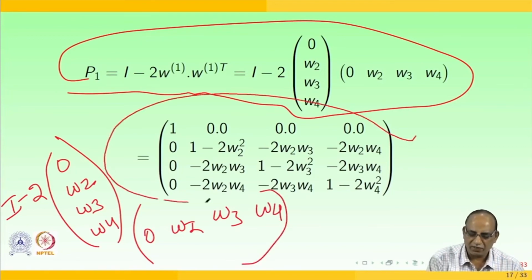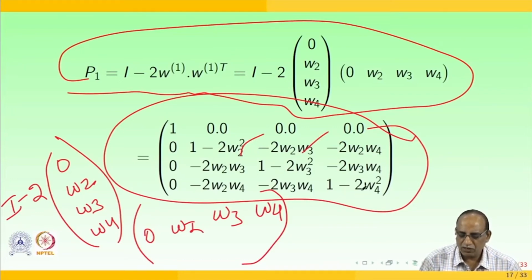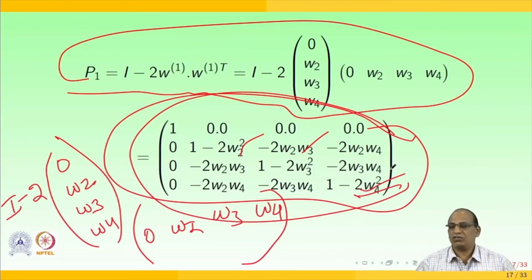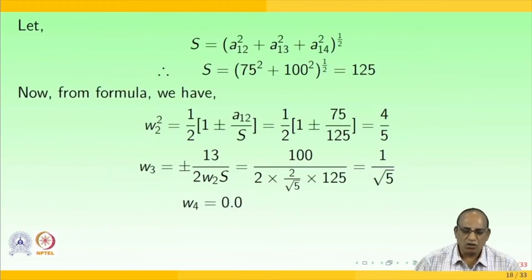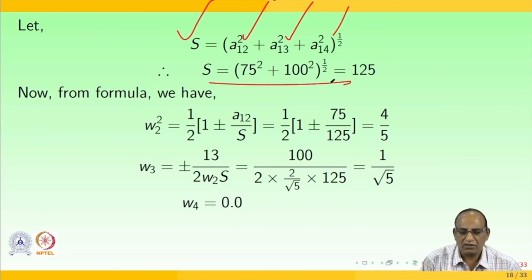So you get 1 minus 2 W2 square, minus 2 W2 W3, and 1 minus 2 W4 square, when you simplify this. Let us take S equal to the square root of 75 square plus 100 square, that is the whole power 1 by 2, so ultimately we end up with 125.